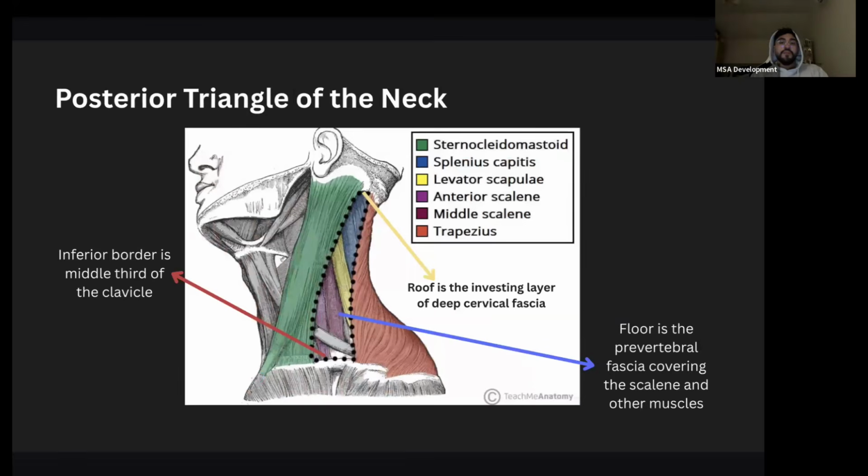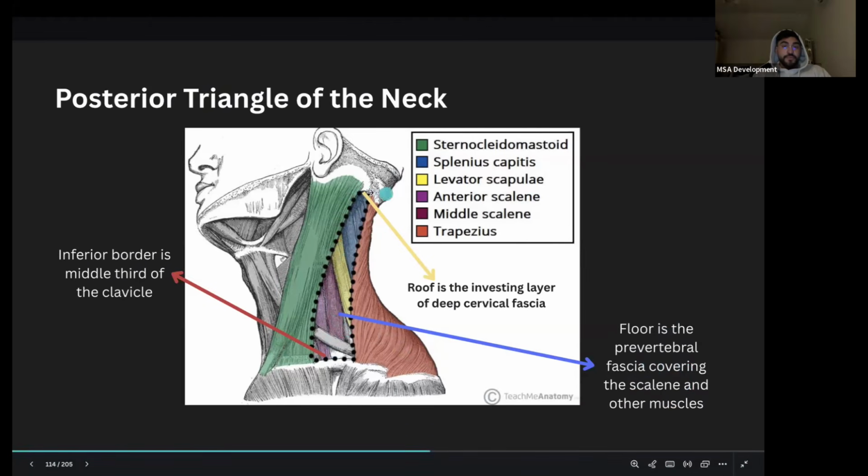Okay. Now moving on to the posterior triangle of the neck. Very easy. All right. Very straightforward. The posterior triangle of the neck is basically going to be behind the sternocleidomastoid. That's number one. Then the floor of your posterior triangle of the neck is going to be the prevertebral fascia covering the scalene and other muscles right here.